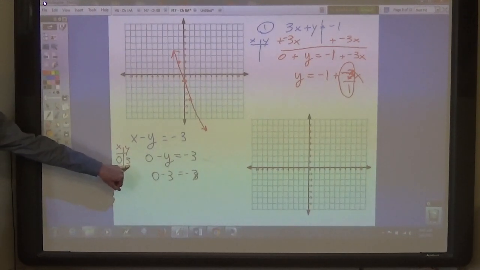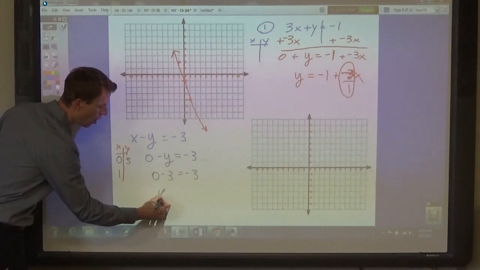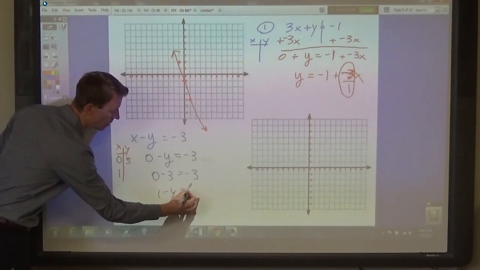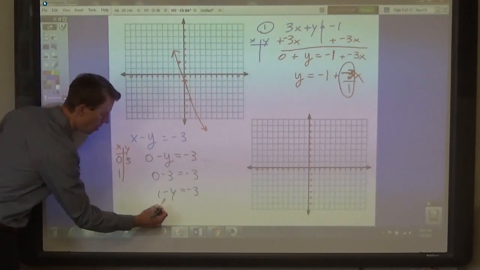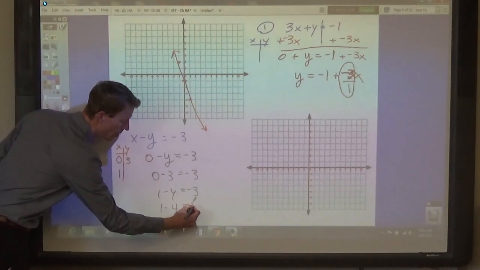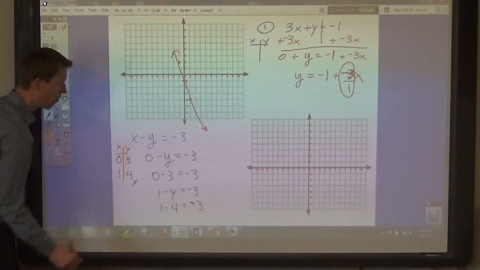Okay? And then if you use 1, you can use 1 also. So 1 minus y equals negative 3, and y would be 4. Yep. 1 minus 4 equals negative 3. So 1, 4 works.